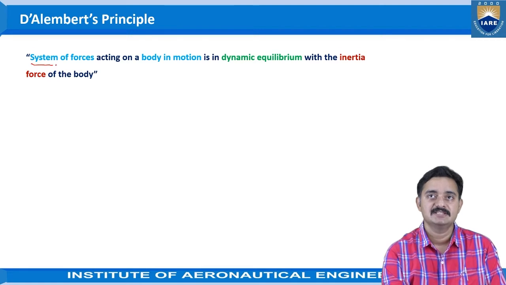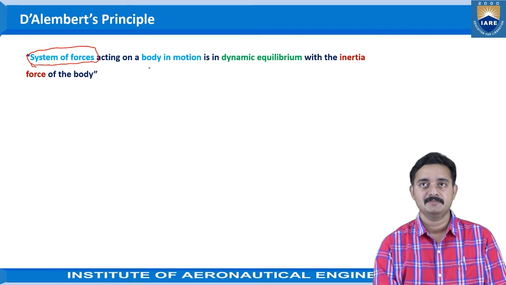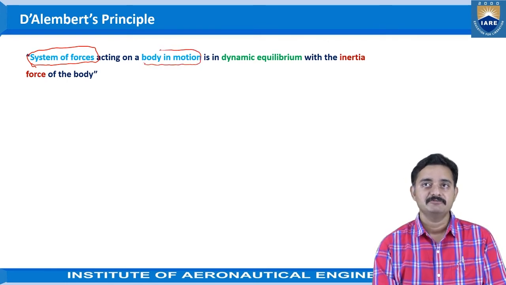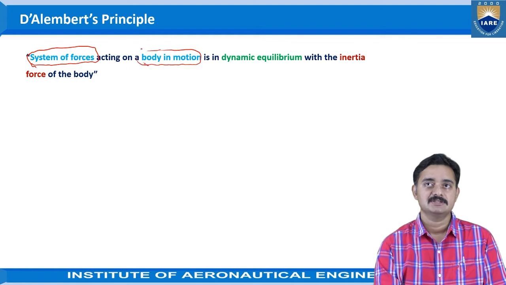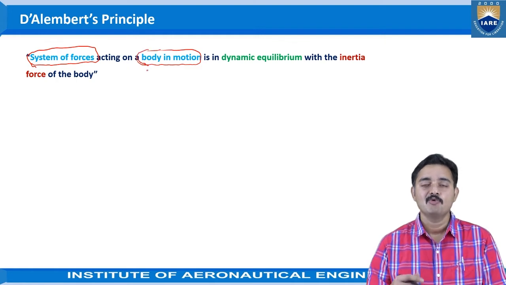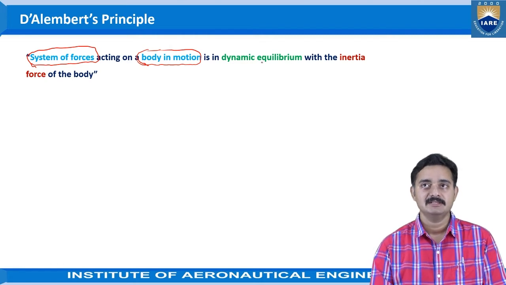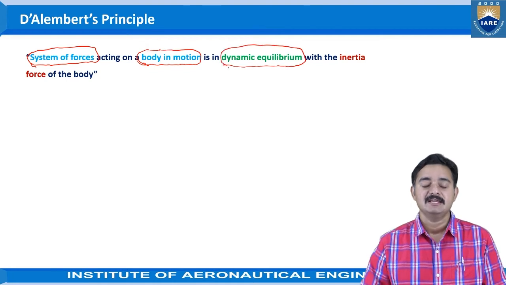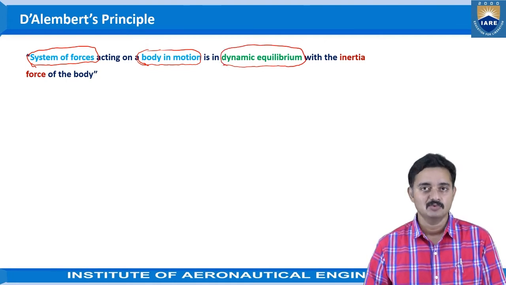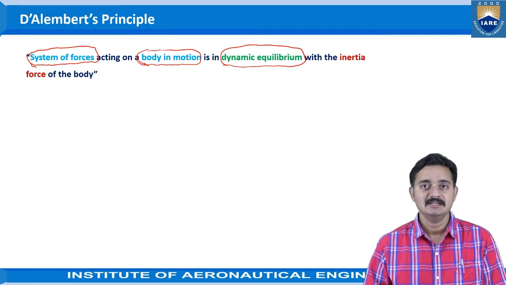One is the system of forces. So there would be forces involved in the system, and a body in motion. The object involved in this system will be having movement. Then the dynamic equilibrium condition is the condition where, even though the object is moving, the object is in equilibrium.